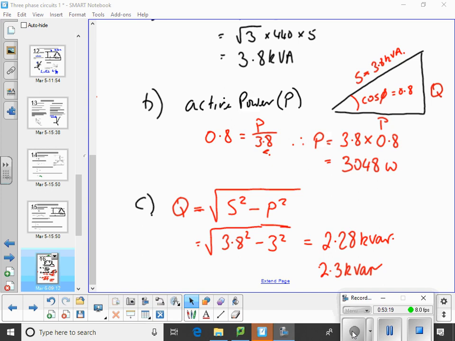So that's dipped into calculation work that we've done in previous weeks. That shows you how you can find the power in a three-phase system.